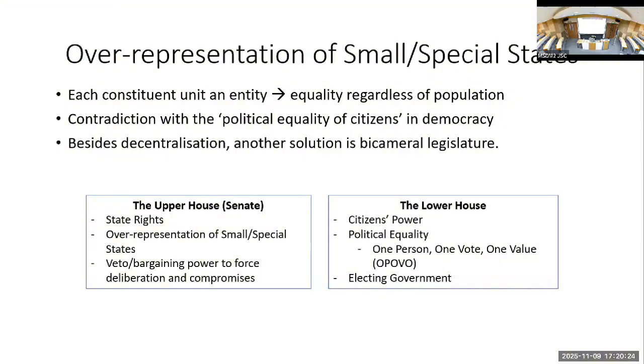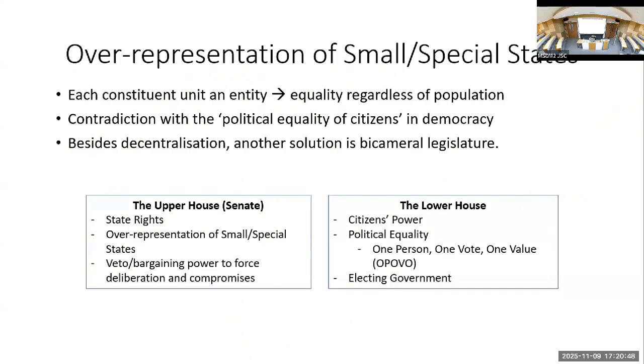So you need to have this equality regardless of population at one level. But on the other level, you have to still respect the political equality of citizens in a democracy. Because remember what we talked about in the first lecture, the second lecture, about being politically equal.